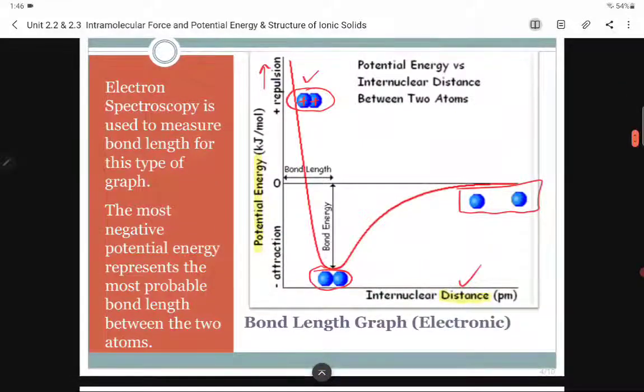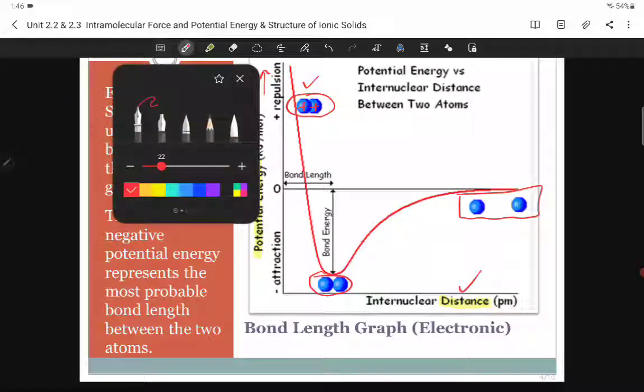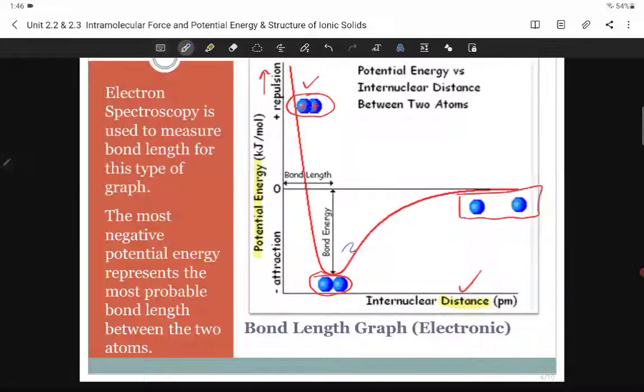If you get to the sweet spot where these two atoms are not too close, not too far away, they can potentially form a bond. And if they do form that bond, energy has to be released. If energy is released, it's going to bottom out on this graph and get as low as it possibly could get.